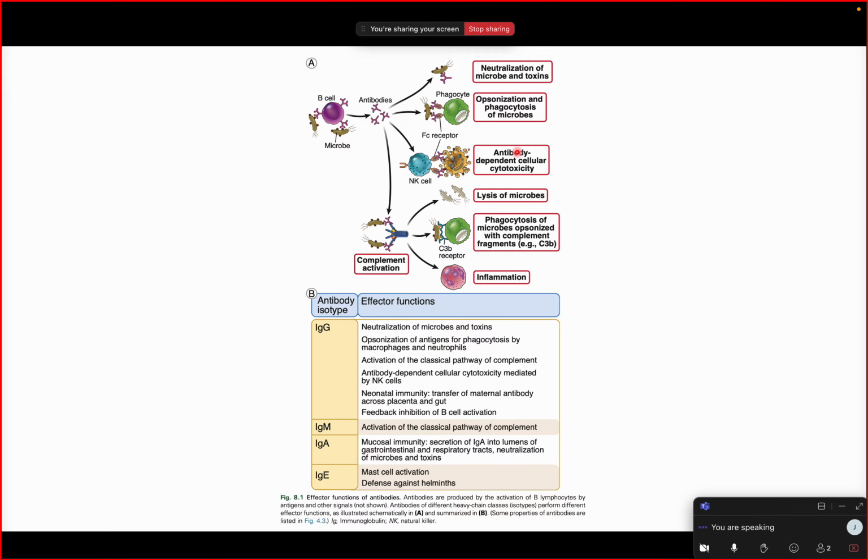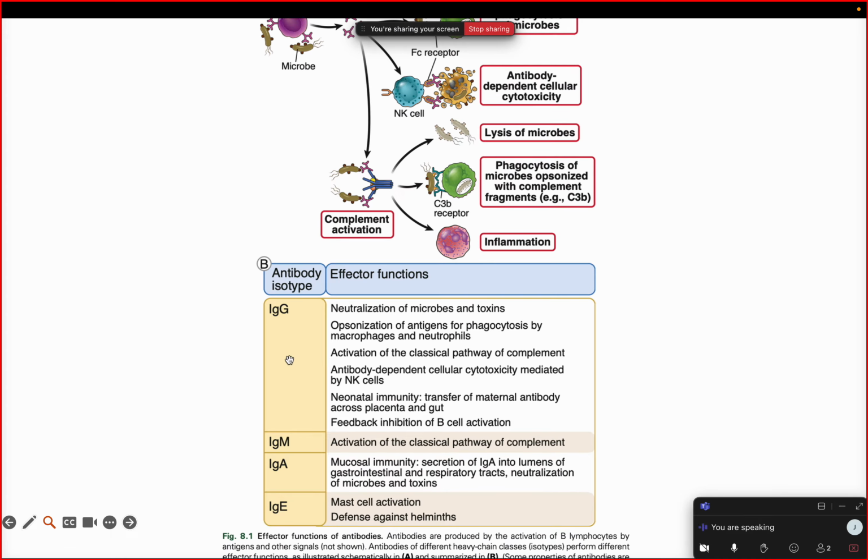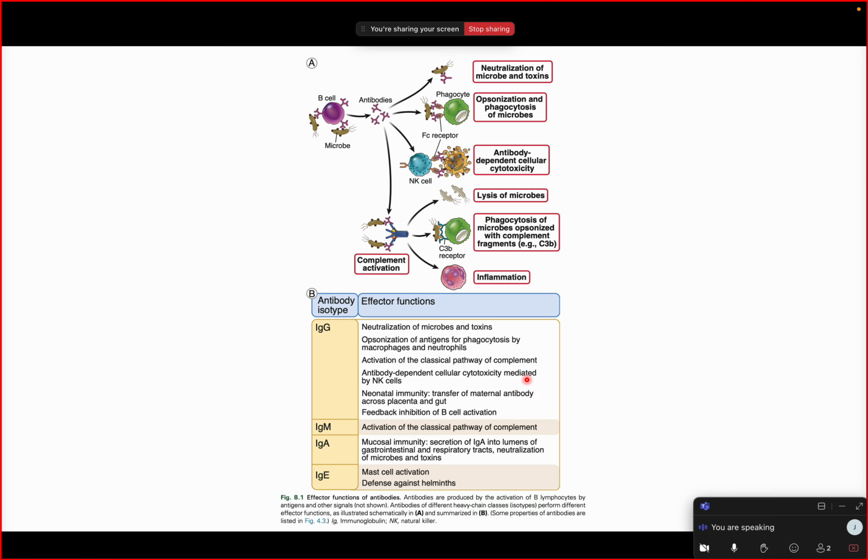These are the functions done by antibodies, but not every single type of antibody is doing all the functions. These are the predominant effector functions of these particular major types of antibodies. If you talk about IgG1 or IgG4, they'll have these functions only. It's just the extent to which they do each function that will vary, but they'll do these functions only.